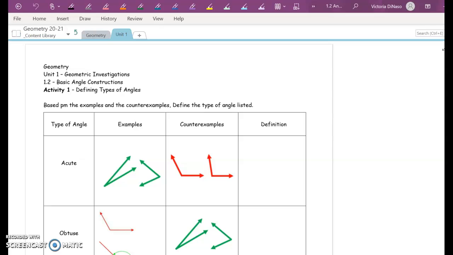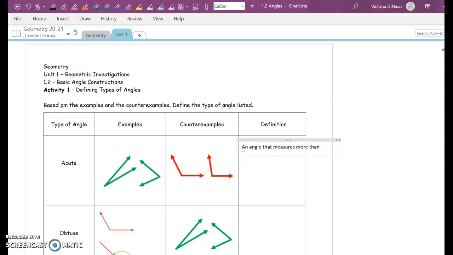So for example, an acute angle is one type of angle. The definition of an acute angle is an angle that measures more than 0 but less than 90 degrees.